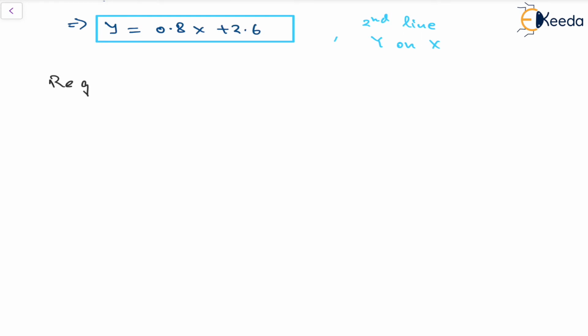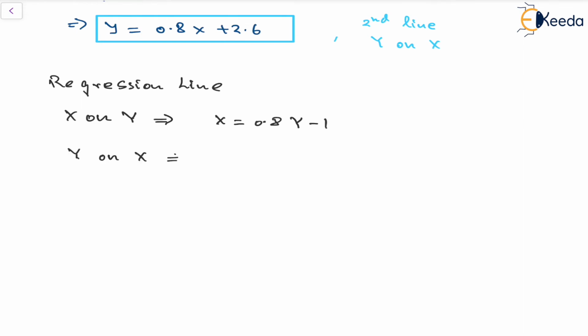So x on y is x equal to 0.8 times y minus 1, and y on x is y equal to 0.8x plus 2.6. Let us say this is equation number 1 and this is equation number 2.